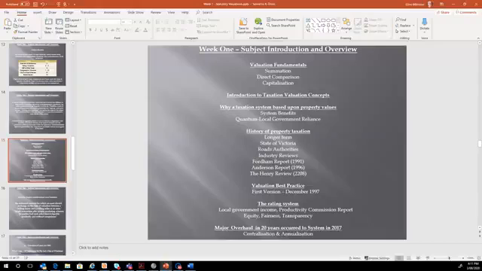Just some general overview, depending on the exposure that you've had to valuations and specifically to government-based valuations. Here are some things that you should start looking at. Sharpen up your knowledge on the valuation fundamentals.